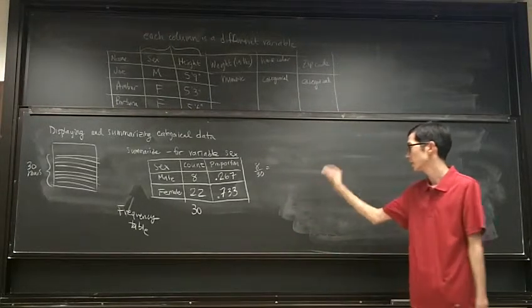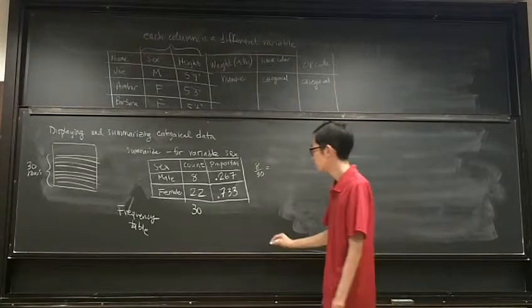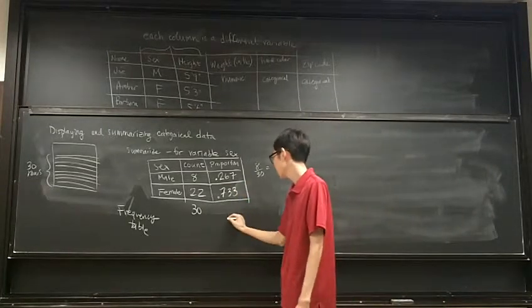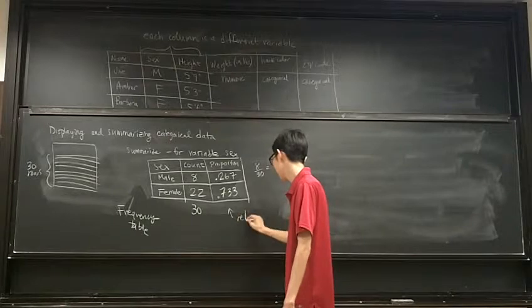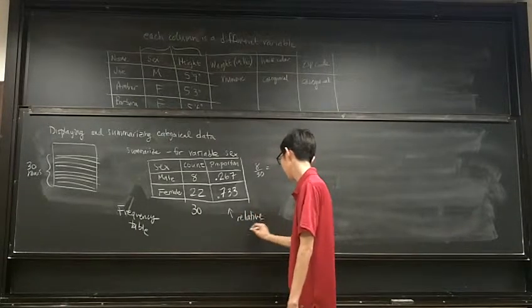Okay. And that's our frequency table. If it includes proportions, we'll call this a relative frequency table.